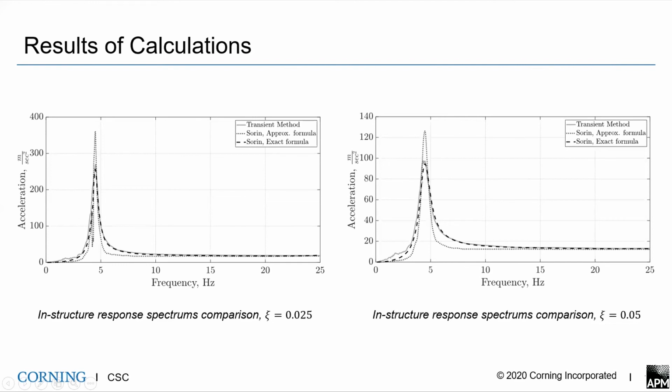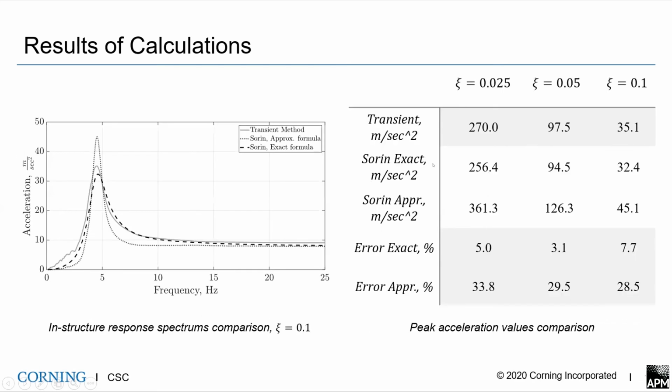The same situation holds for the second damping ratio, but the peak value for the approximate formula is a little bit better. The last damping ratio, results are on the left. As you can see, results for the approximate formula have improved a little bit more, but the error is still quite serious.